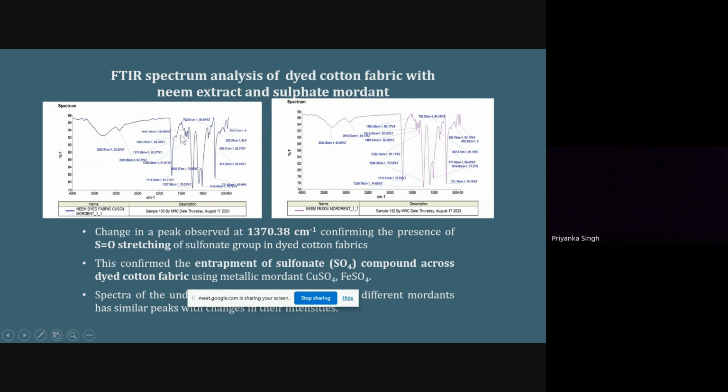This 1371 appears in both fabrics, and it reflects the presence of the sulfonate ion. It means that our dye has been entrapped onto the cotton fabrics with the help of ferrous sulfate and copper sulfate.